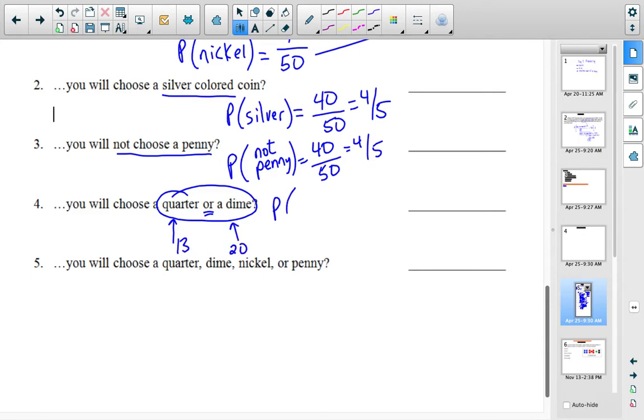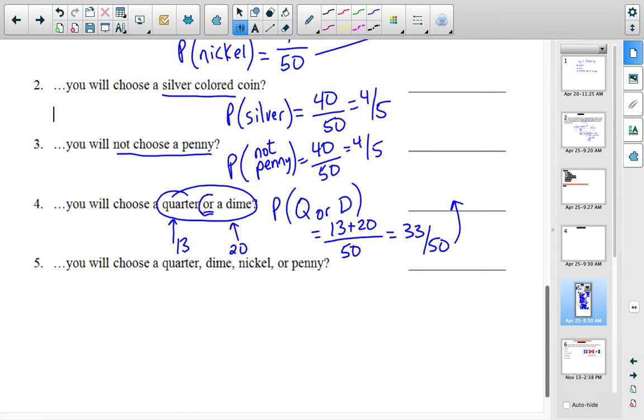So the probability, and now I'll just use the first letter, of picking a quarter or a dime, I get both of these. So I get the quarters, 13, plus all my dimes, 20 over 50 equals 33 over 50. So that would go right here.